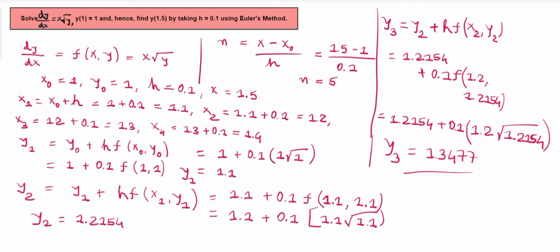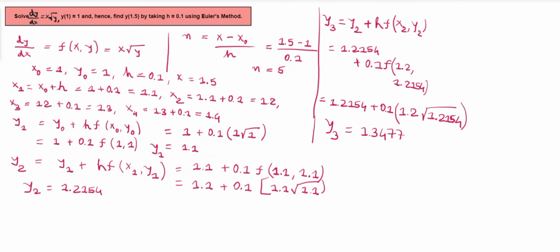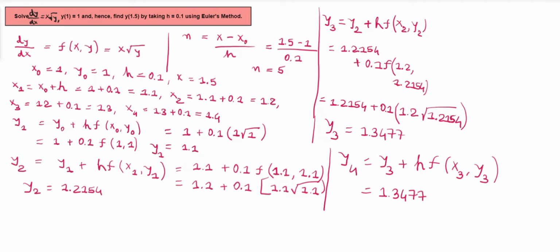Then we'll find y4. y4 will be equal to y3 plus h f(x3, y3). The value of x3 is 1.3 and y3 is 1.3477 plus h is 0.1 into f(1.3, 1.3477).